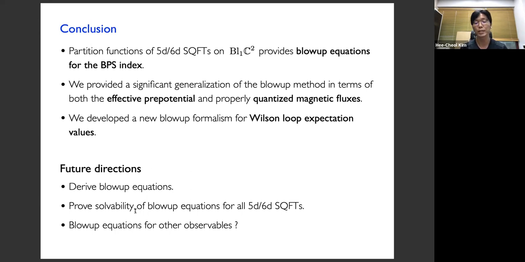I provided the blowup equations for the bare partition function and also Wilson loop expectation values. However, there are lots of other interesting partition functions with other types of defects and also on other backgrounds. So finding new blowup equations for such other observables would be another interesting future task.